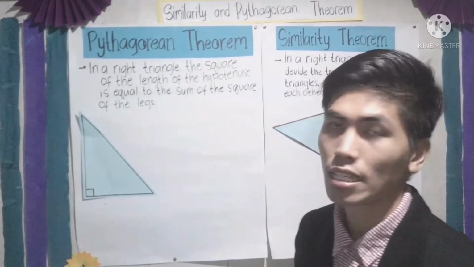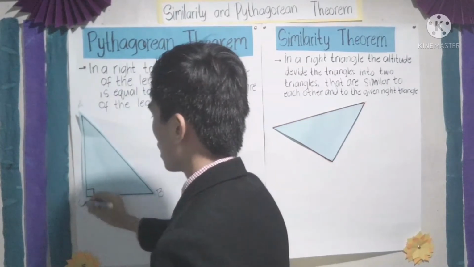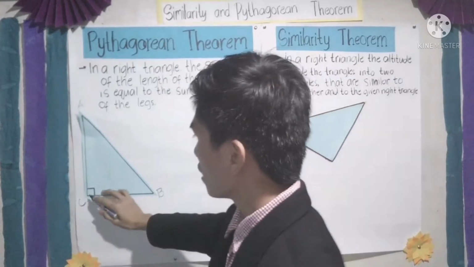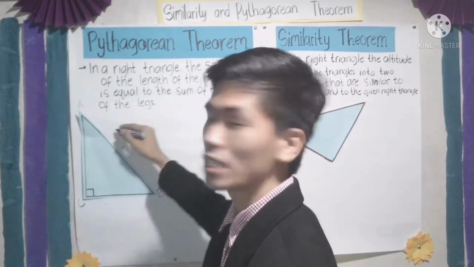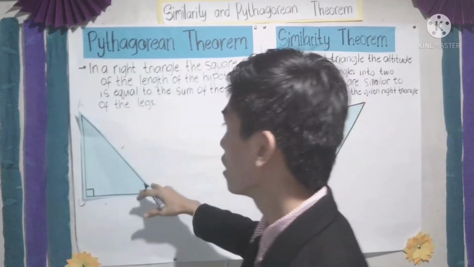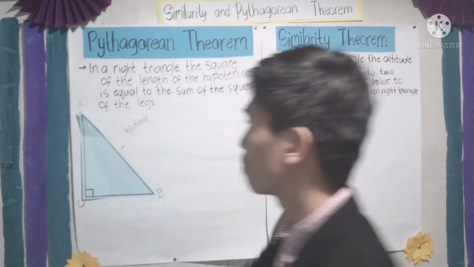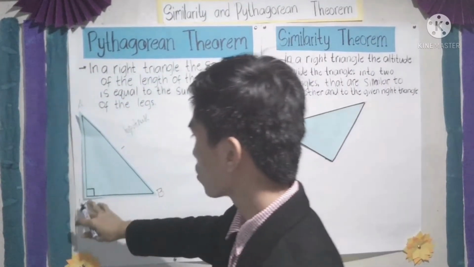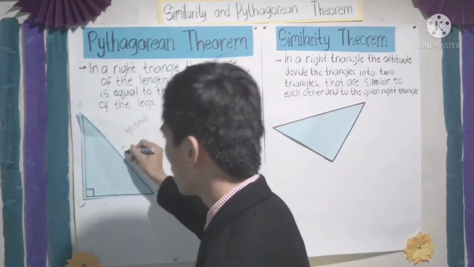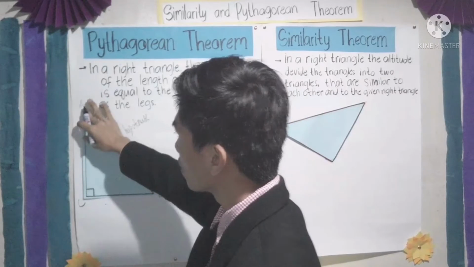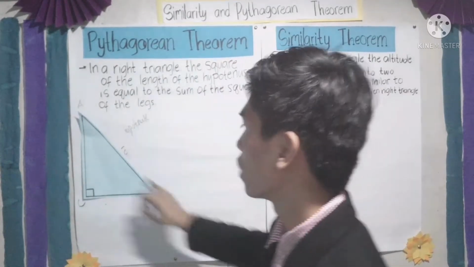We can name this triangle ABC. The side opposite the right angle is the hypotenuse, which we call side c. The side opposite angle A is lowercase a, and the side opposite angle B is lowercase b.